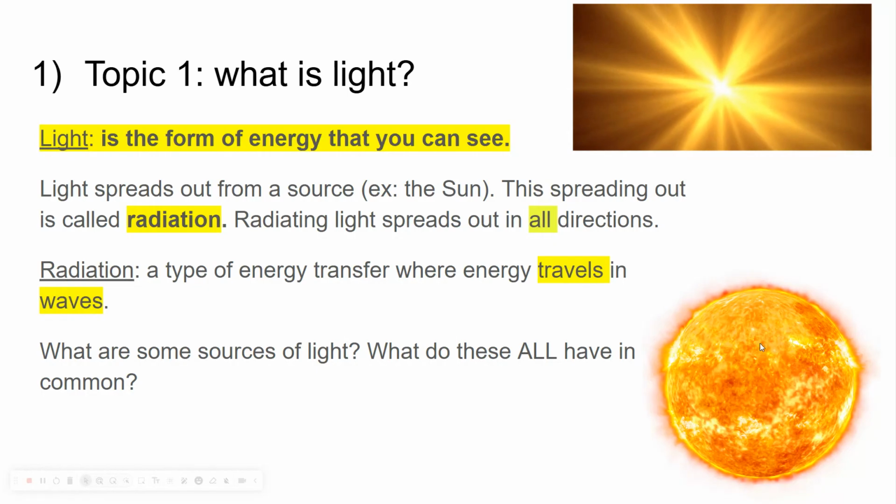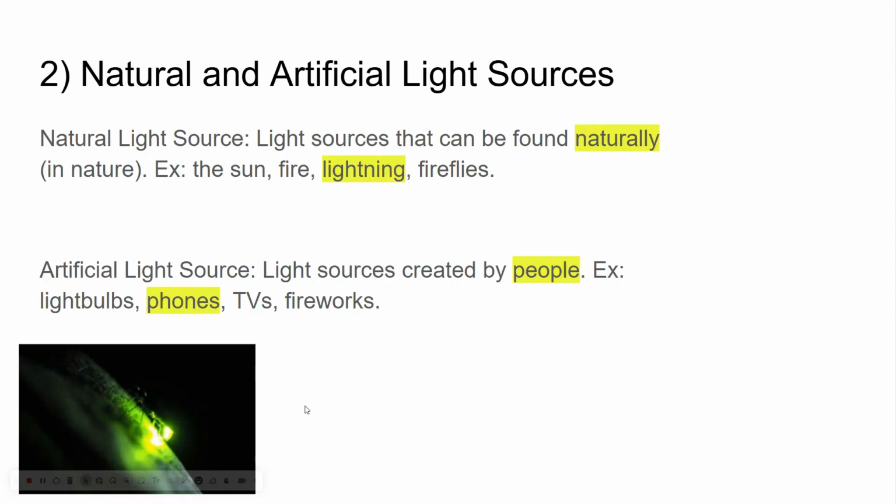As I said already, a lit match, your phone screen, a TV screen, LED lights, light bulbs on the top of our ceiling, fluorescent lights. These are tons of different light sources, and what do they all have in common? Well, the energy that they're giving off, the energy that they're emitting, that light energy is radiating, and that radiating light energy is traveling in waves.